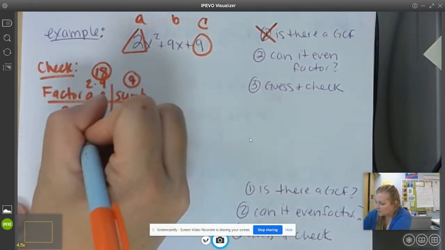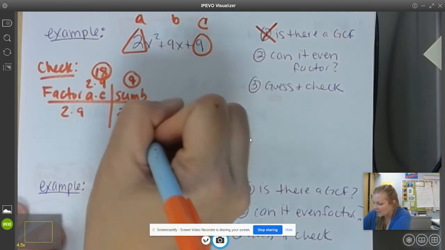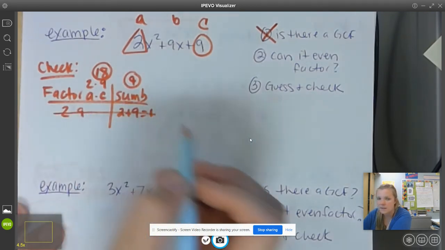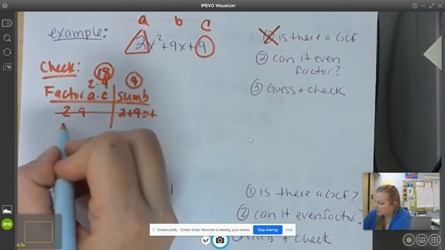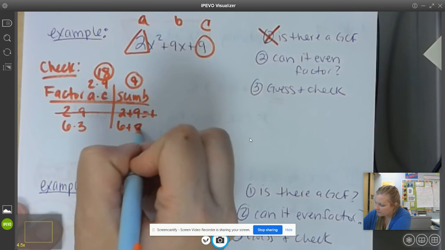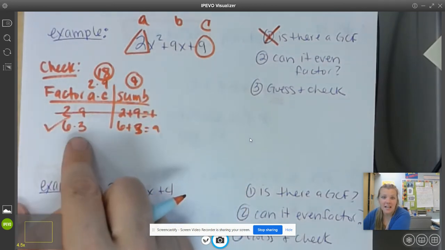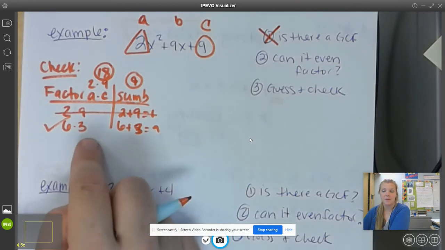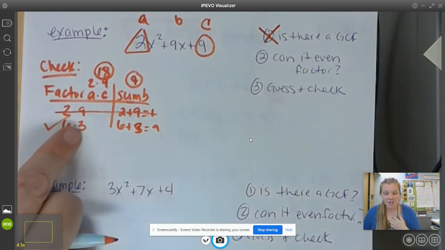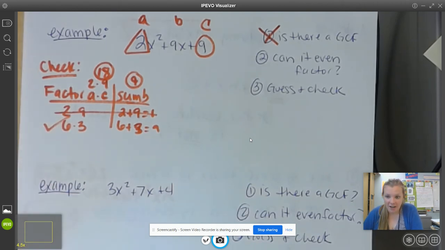So 2 times 9 is 18, but 2 plus 9 is 11, so that didn't work. Other factors of 18, 6 times 3, and 6 plus 3 is 9. So the fact that I found some numbers, these are not the answers. This just says it's possible to factor. I have a shot.